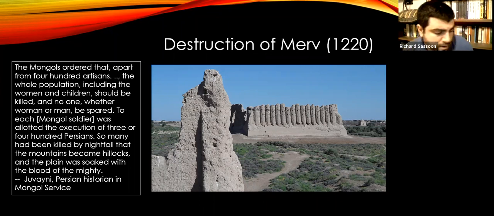Now, I have a question in the comments, asking what would be the benefit of completely destroying these cities? And the thing is that although the population was completely slaughtered, you could repopulate them, right? To a certain degree.